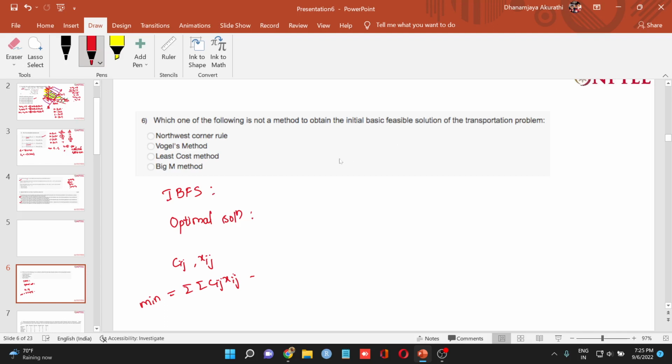But here with this transportation problem, there are methods to find only the initial basic feasible solution: northwest corner rule, Vogel's approximation method, and least cost method. All these three are used to find out the initial basic solutions for the transportation problem. And to find the optimal solution, there is a method called MODI, that is modified distribution method.